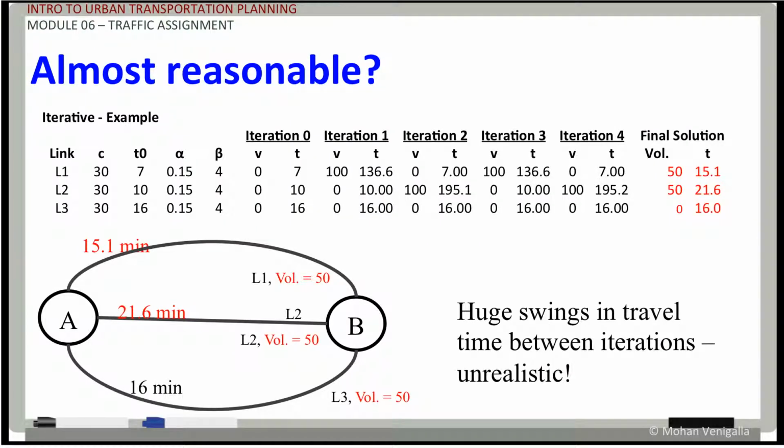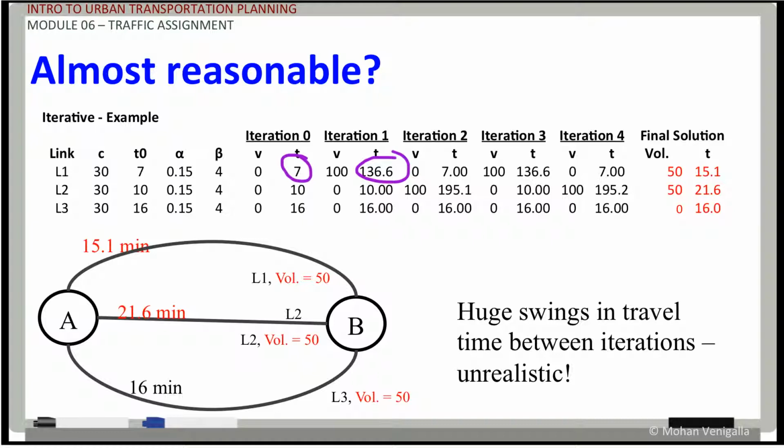You may think it's almost reasonable, isn't it? Now, there is a big problem here. See, from start, which is iteration 0, to iteration 1, there is a huge swing in travel time from 7 to 136. It never happens. That much of a huge swing is not going to happen in reality or ever.